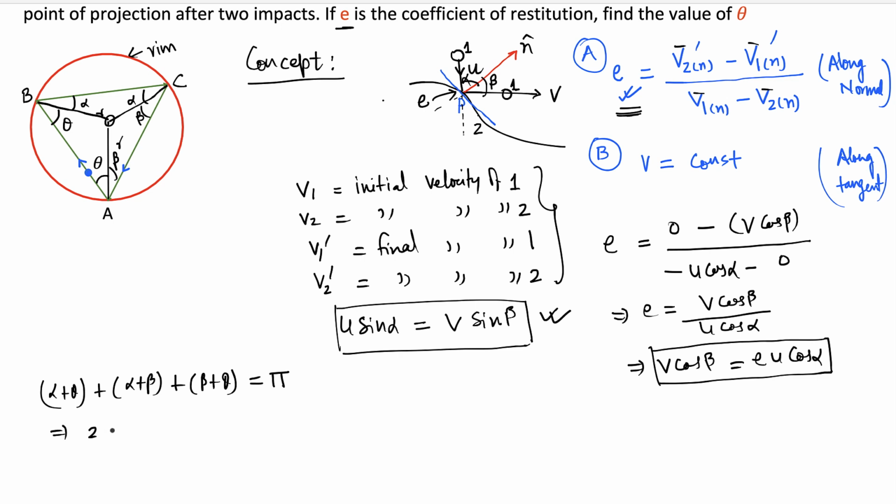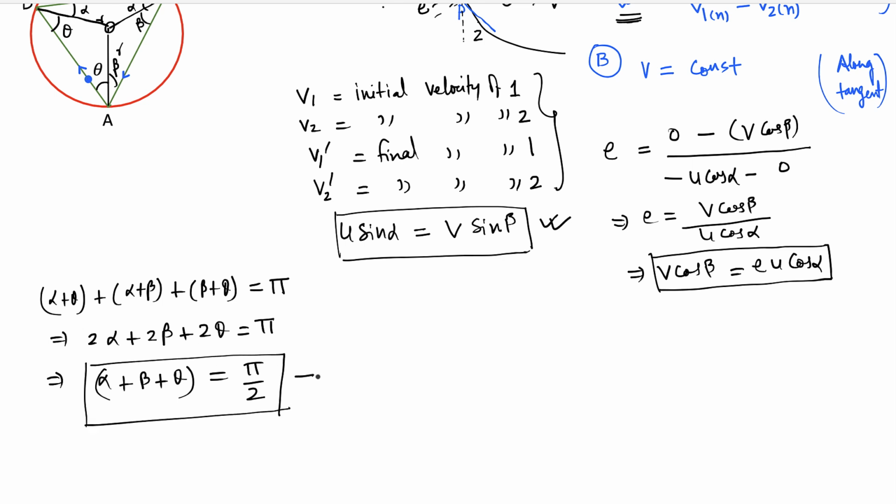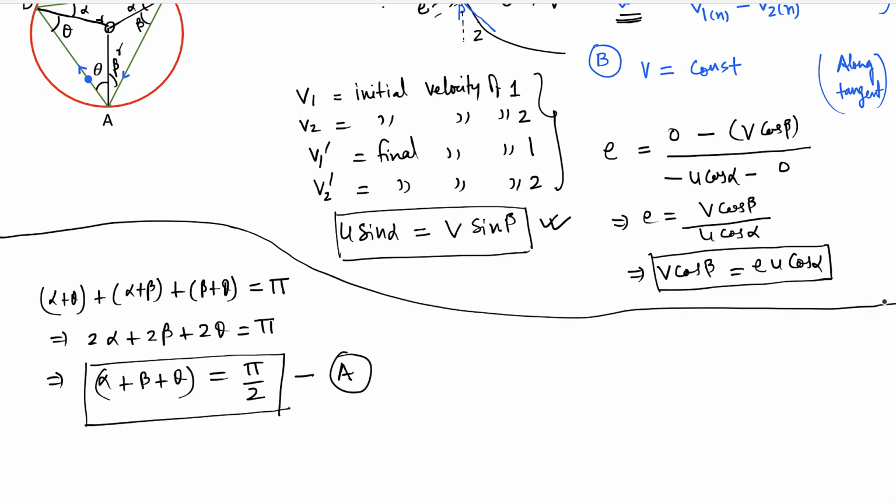That means 2 alpha plus 2 beta plus 2 theta equals pi, and therefore alpha plus beta plus theta equals pi by 2. Let's say this is our equation A. This is all theory, but you should definitely remember this properly.